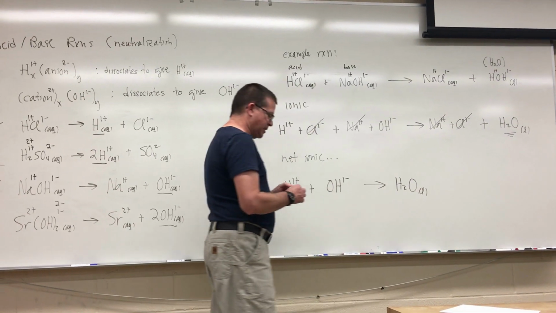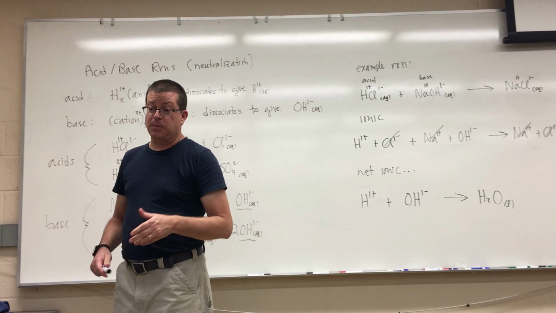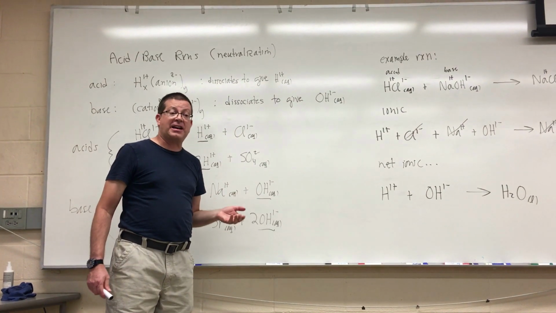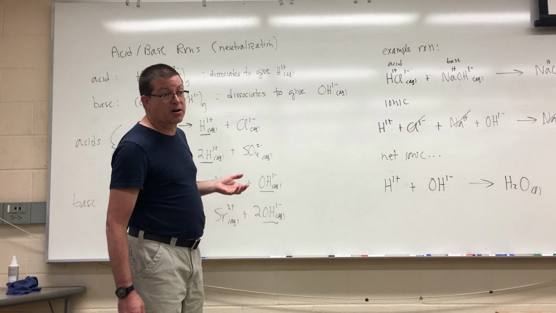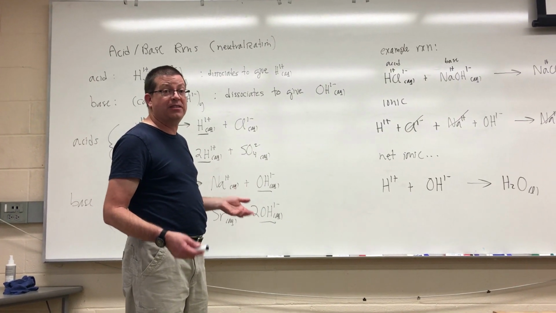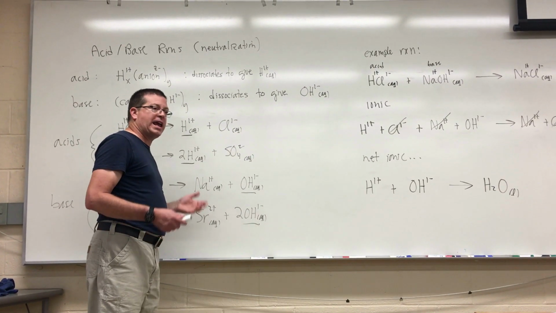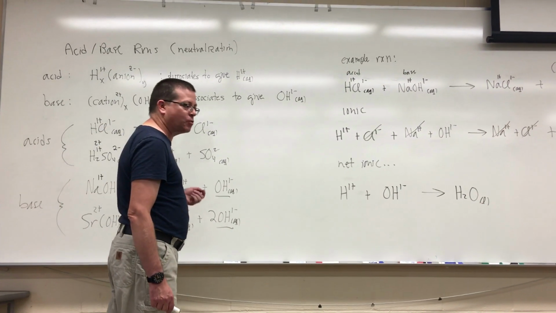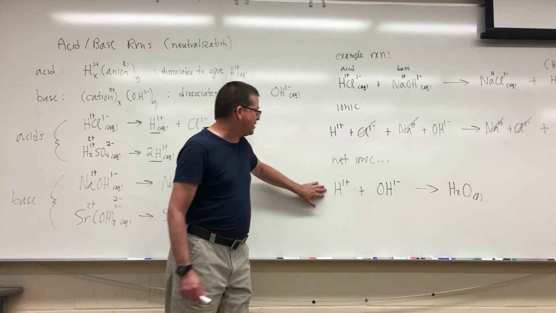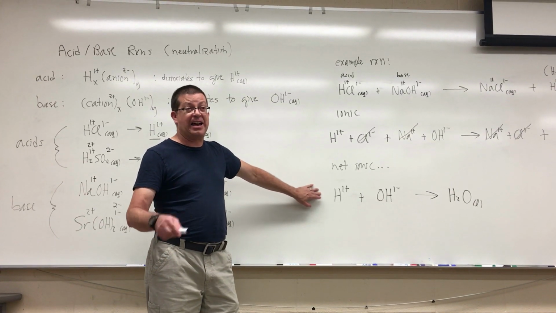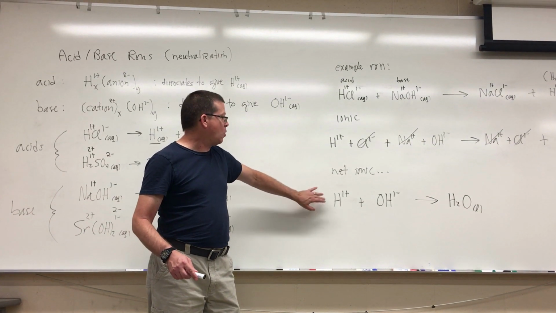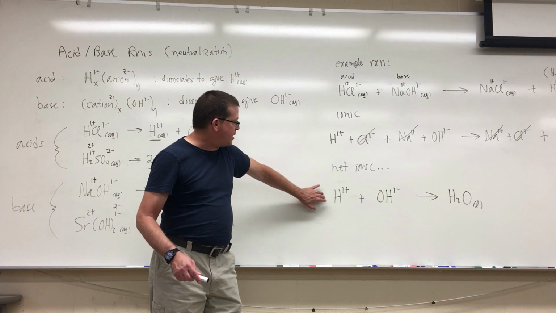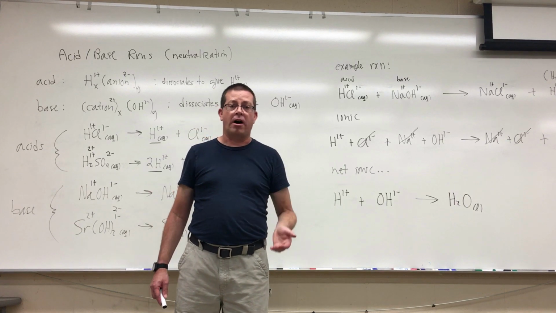So, the nice thing about acid-base reactions is because the product you form is always going to be water, in that case, we can say that the net ionic equation is always going to be the same. So no matter what acid is reacting with what base, the important product we're going to make is water. So what that means is that the net ionic equation for any acid-base reaction is going to be H1 plus getting together with OH1 minus to form water.